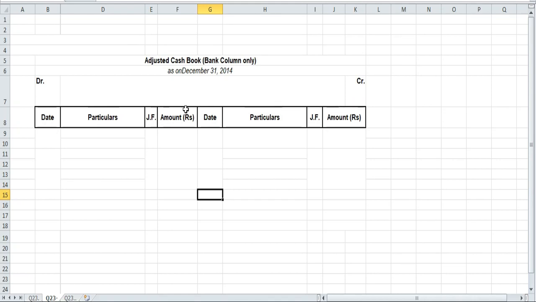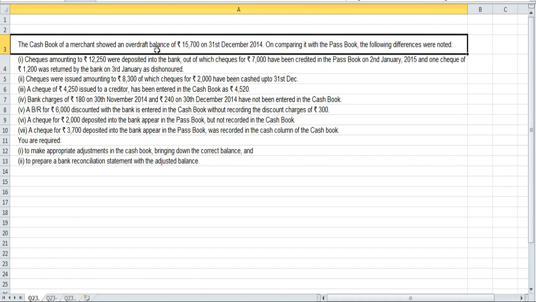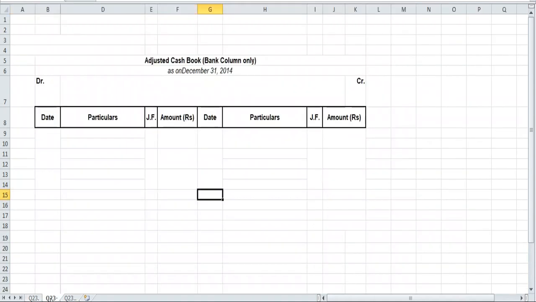Since it is bank column only, when we look through the question, we will correct only those mistakes which are done in your passbook or bank account. So we'll start from here. This opening we will not write in the bank reconciliation statement. This opening we will write in the adjusted cash book.